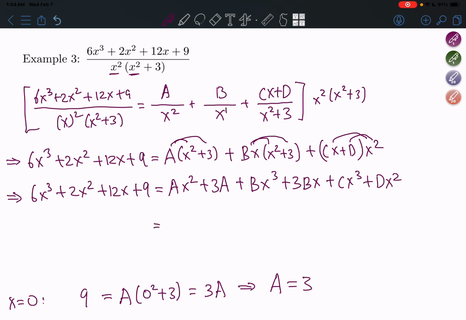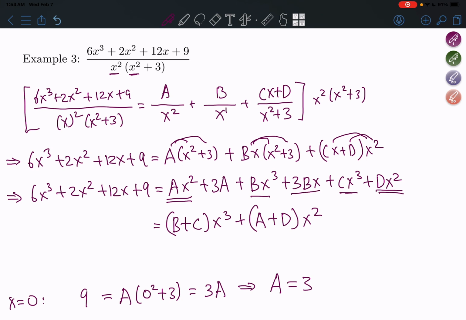So how about the x cubed terms? I got one here, I got one here. Collect them together, I have (b plus c) x cubed. Collect the square terms together, I got ax squared and dx squared, so (a plus d) x squared.